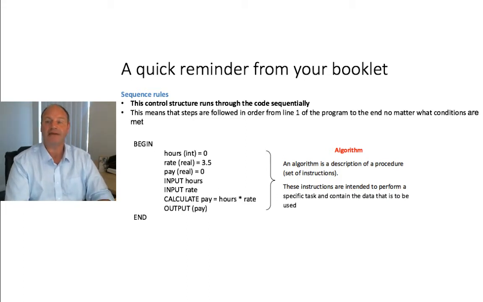This data type is real as there is a decimal point in the number. Pay will also be a real data type because any answer will involve a decimal point. After the data types have been shown, there is an equal sign followed by whatever the initial value is.